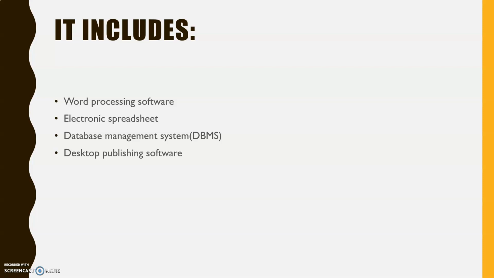Basically, electronic spreadsheets are used if we want to perform any kind of calculation. Spreadsheets comprise vertical columns and horizontal rows. Examples of electronic spreadsheets are Microsoft Excel, Lotus 123, etc.